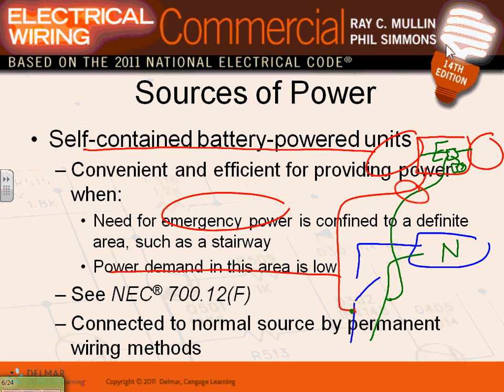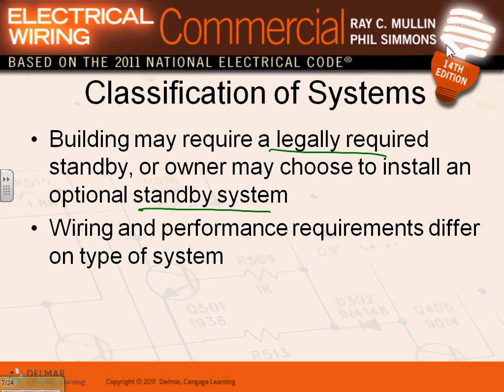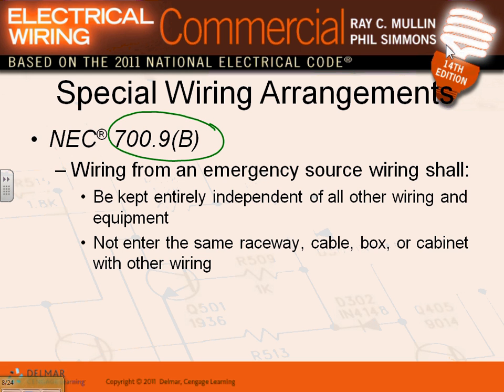So, the emergency light is right in here, inside. This is where the emergency light goes if it's a standalone system. Let me draw this one, because Chad likes to draw.